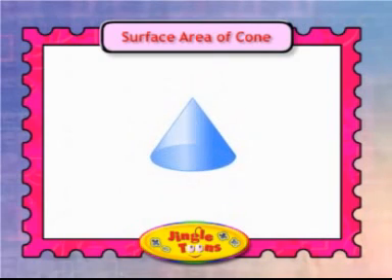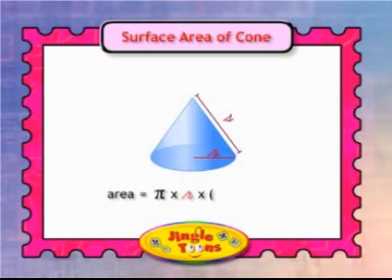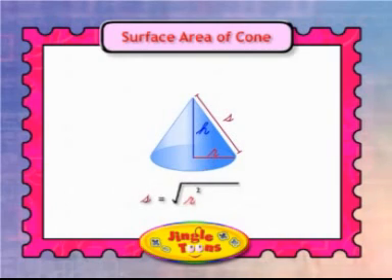The formula to calculate the area of a cone with base radius r and slanted side length s is area = pi × r × (r + s). To calculate the slanted side length of the cone, using the radius of the base circle and the height of the cone, here is the formula. S = root(r² + h²).